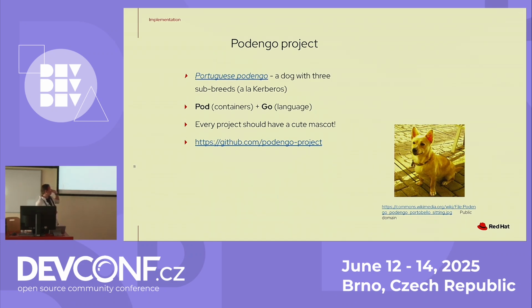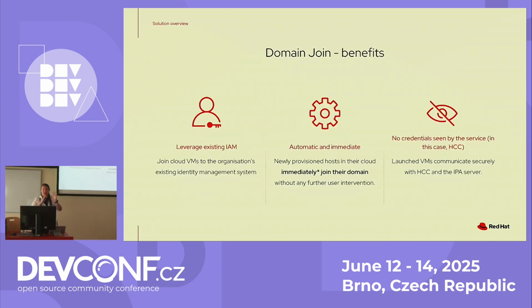And we have obviously GitHub where you can find all the sources where our solution lives. Let's talk about the main join benefits. As André mentioned, it leverages the existing IAM. So you have your existing identity domain, and you can connect your existing identity domain. It is automatic and immediate.